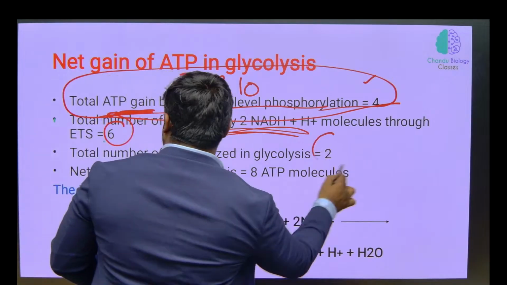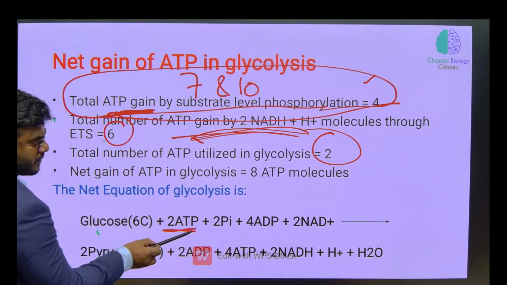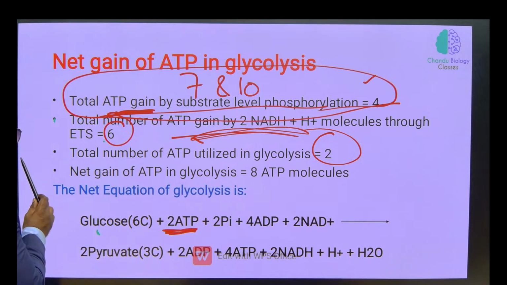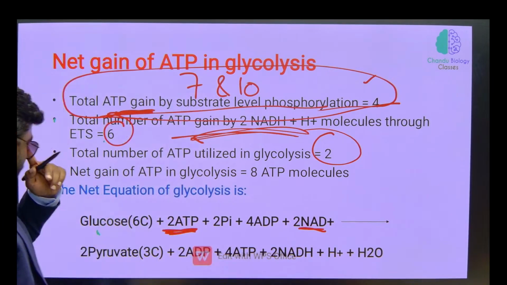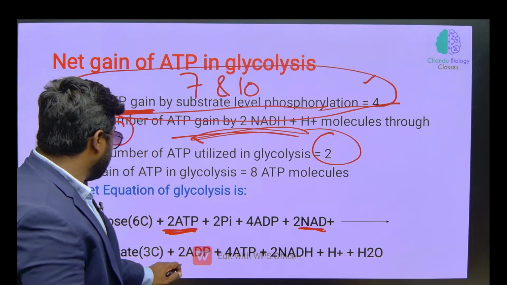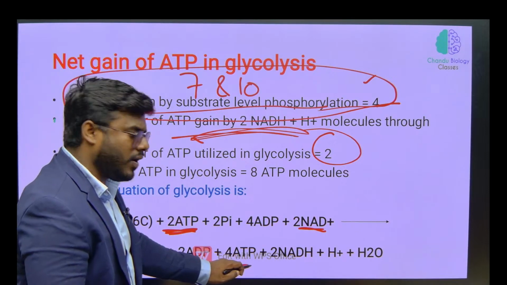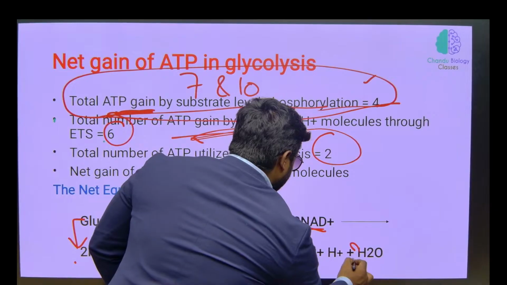2. Very good. Now let's calculate the net gain. Glucose, 2 ATP and 2 NAD. Finally what do we get? 2 ADP, 4 ATP, 2 NADH and 2 water.